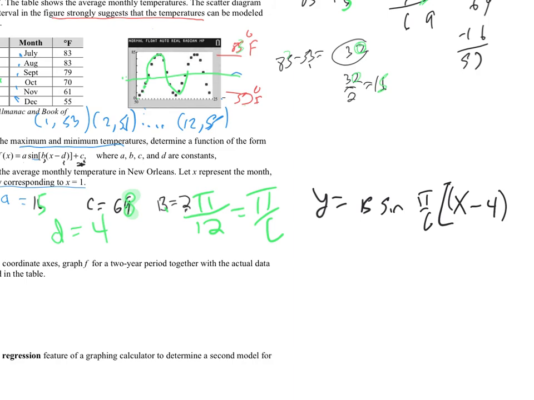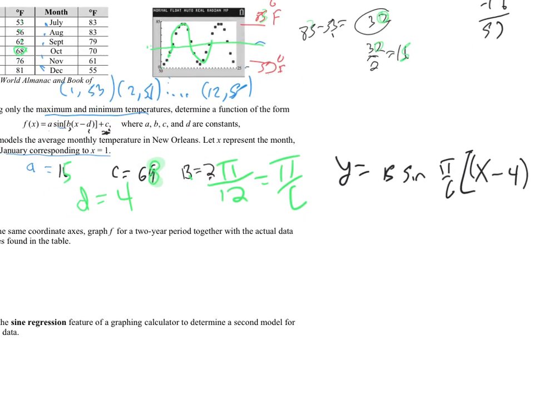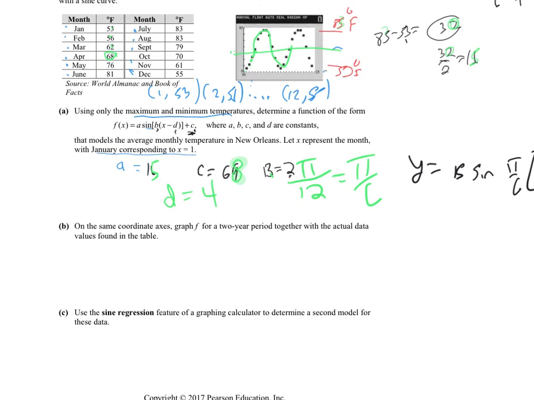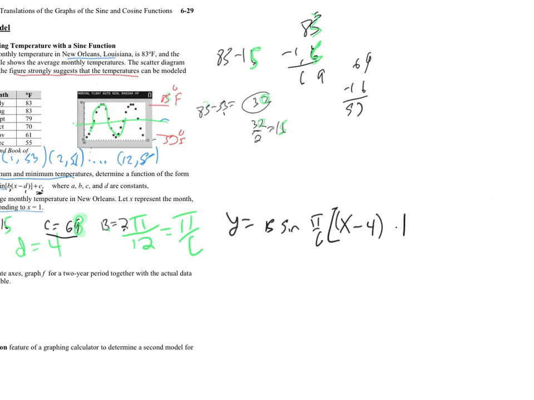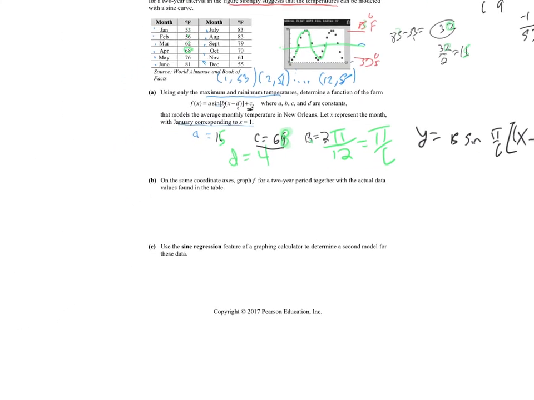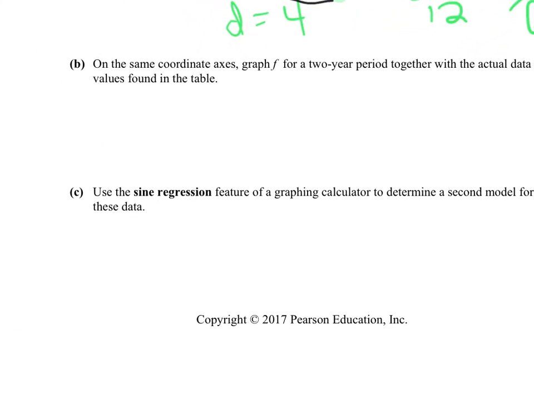And then I'm going to say I'm shifting up the 68. Yeah, my C was 68, so I go plus 68. And that is how you would write that out. I don't know if it's right, but close.